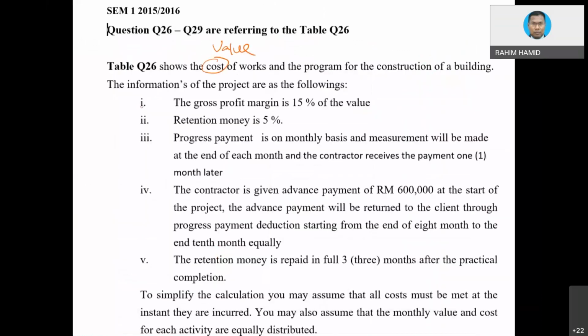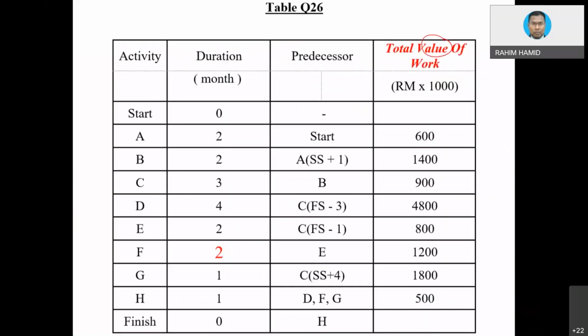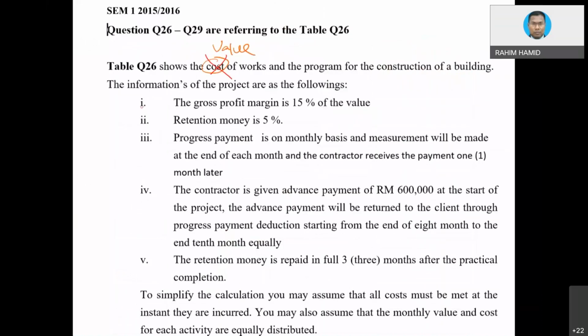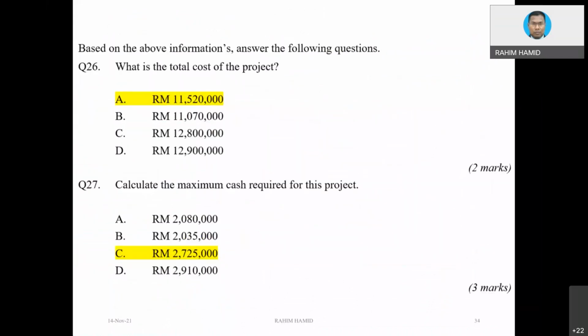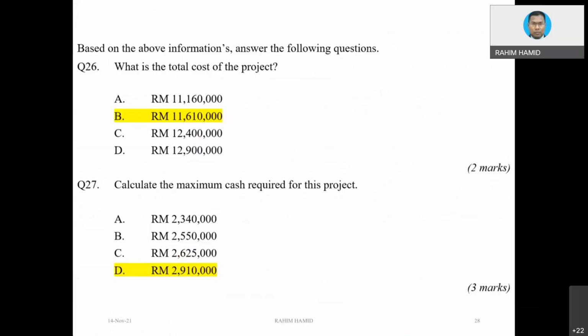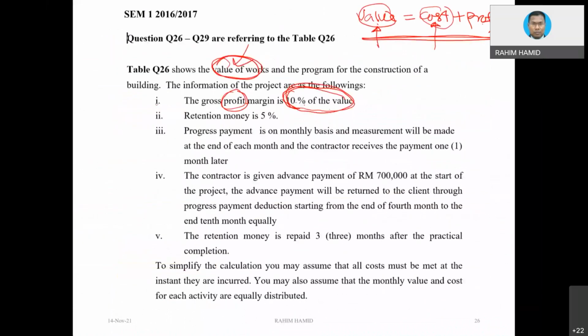Even this one is wrong. If it is cost, then this would be mentioned as cost, not value. So if it is cost, then in order to get the value, you need to add the profit. As simple as that. Okay, now we go into the information first.